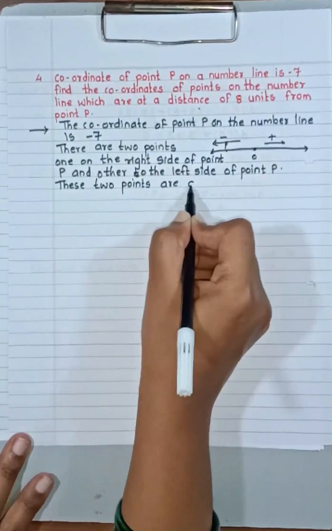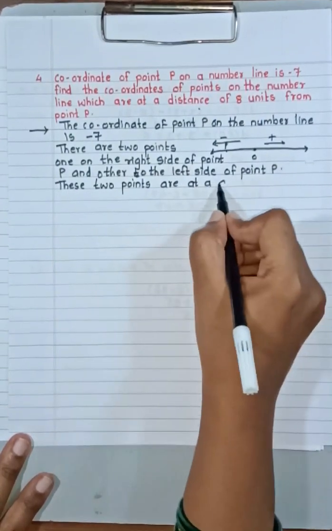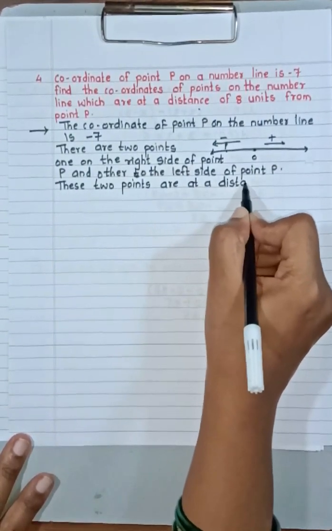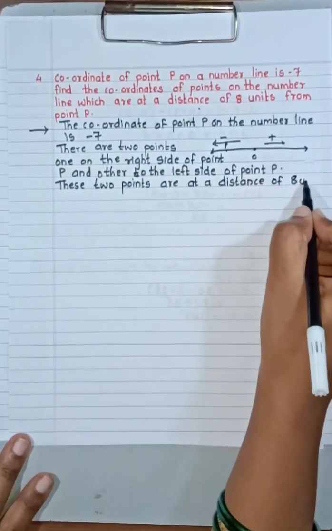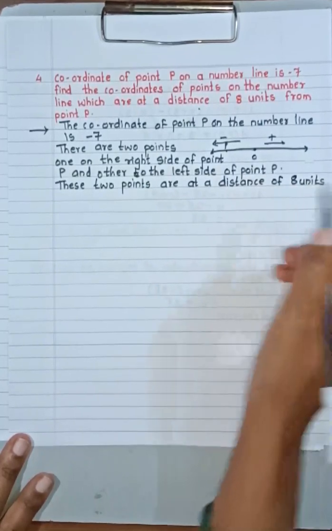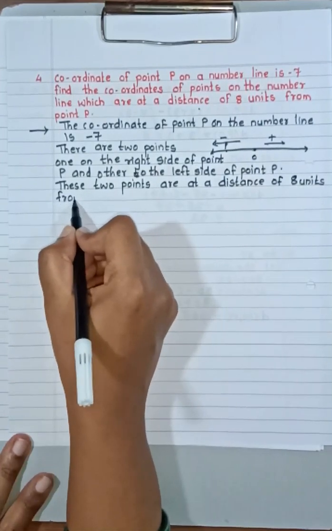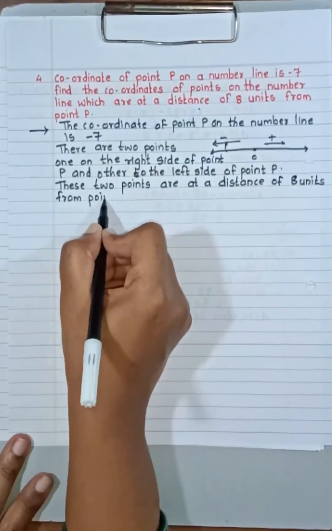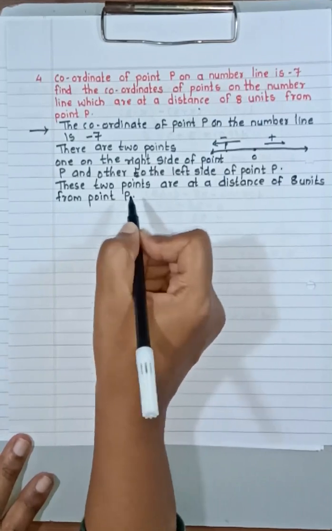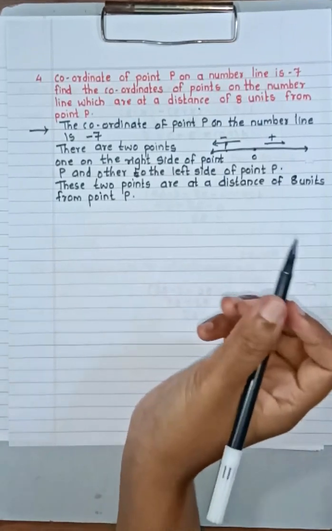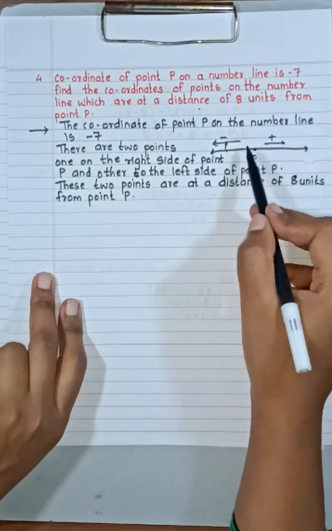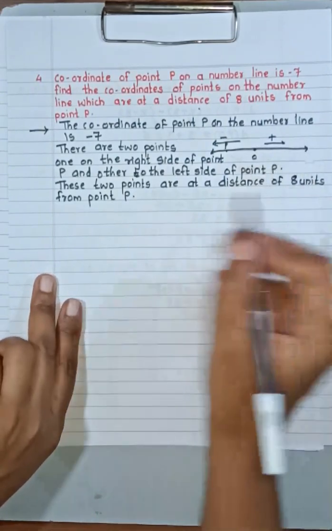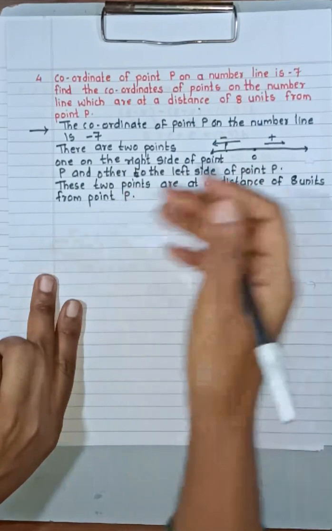Now children, the points which are towards the left hand side or towards the right hand side, we'll name them.